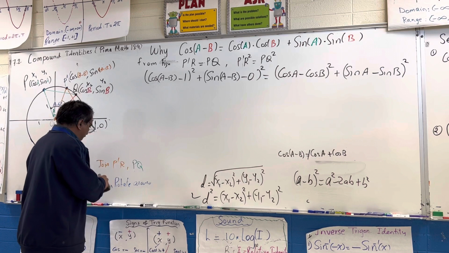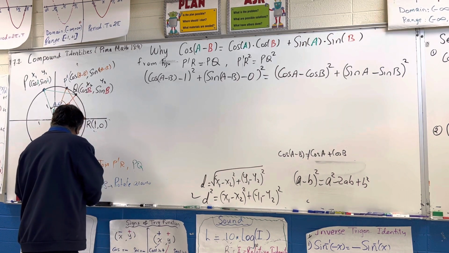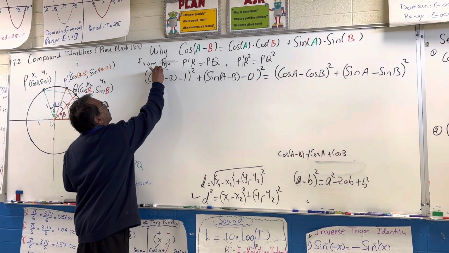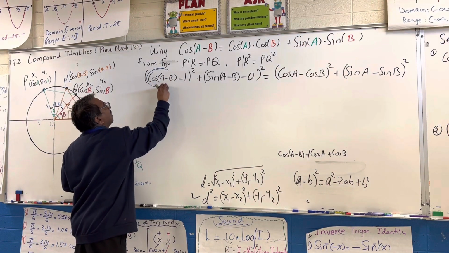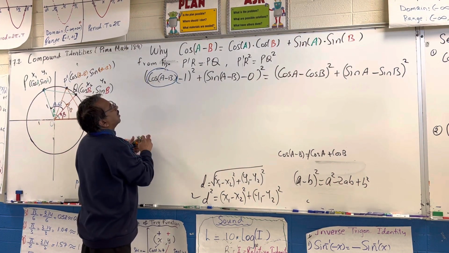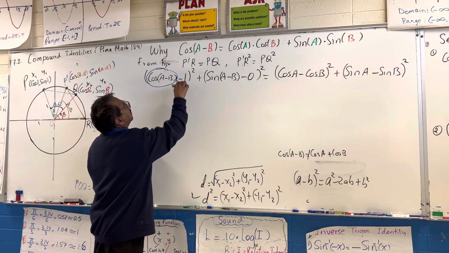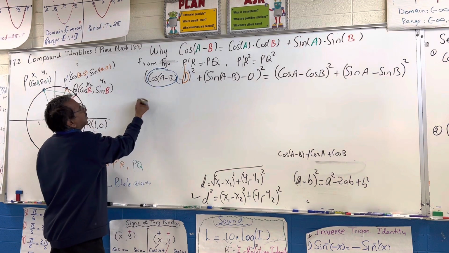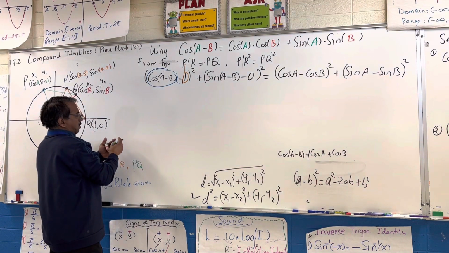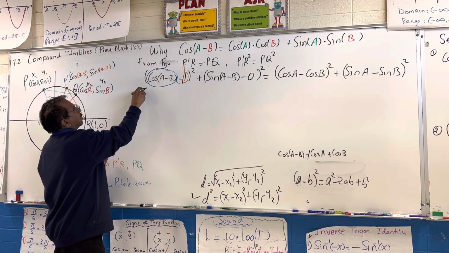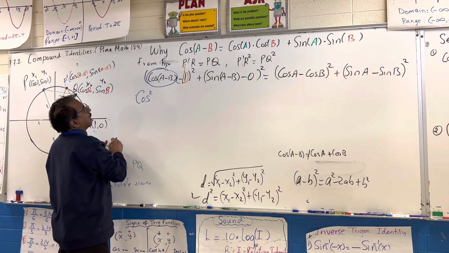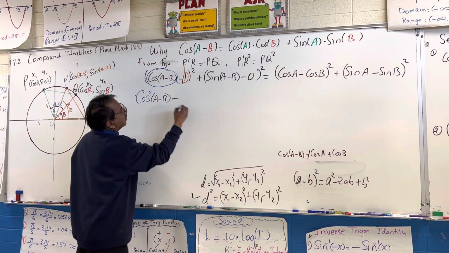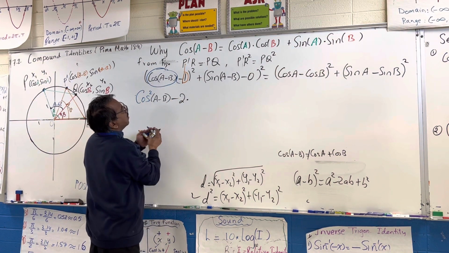So this is of the form, this part is like A, and this is kind of a B. So you square the first, that is cosine square of A minus B, and minus 2 times the same cosine.